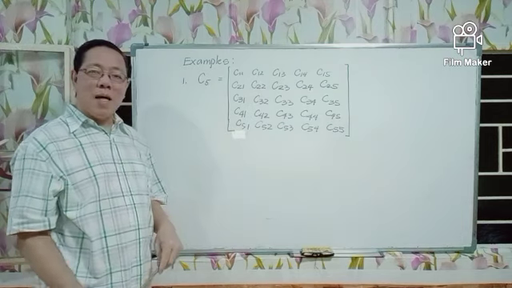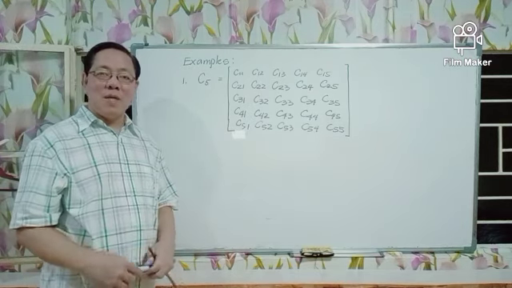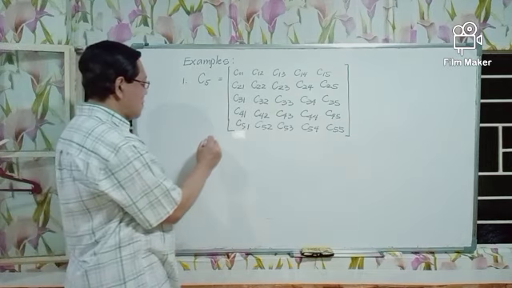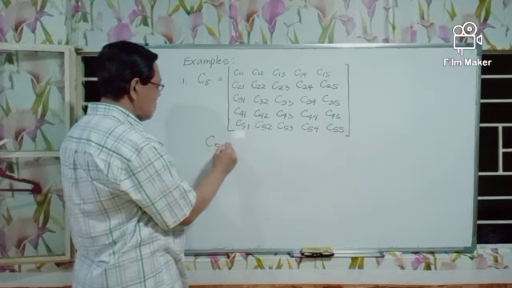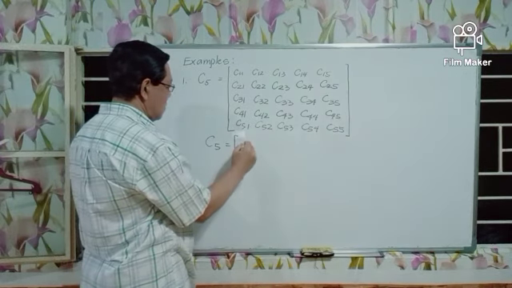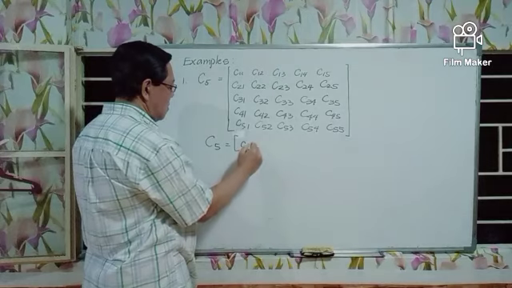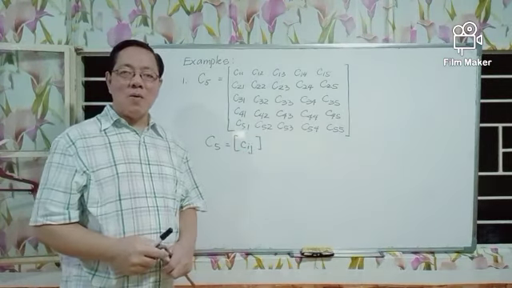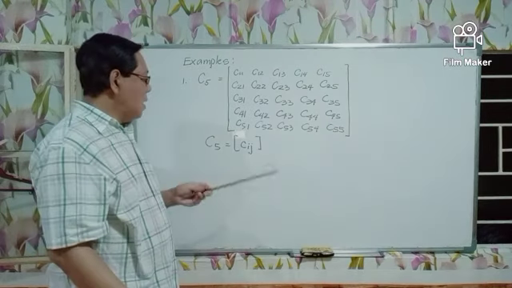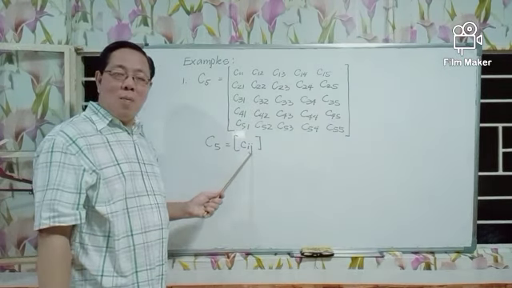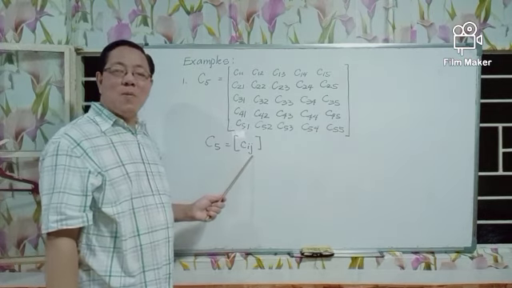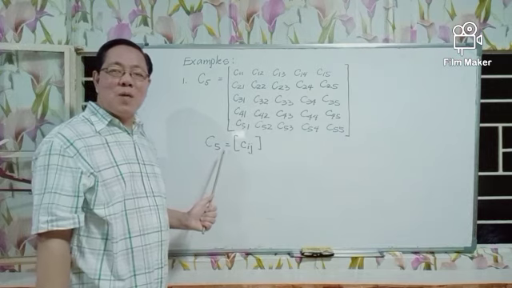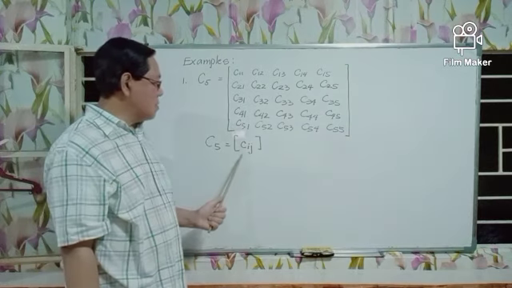And the entries of C5 can be denoted by small letter c sub ij, where the first subscript i goes from 1 to 5, and the second subscript j of c sub ij goes from 1 to 5 also, because matrix C is a square matrix with 5 rows and 5 columns.